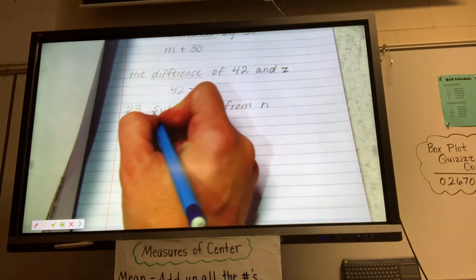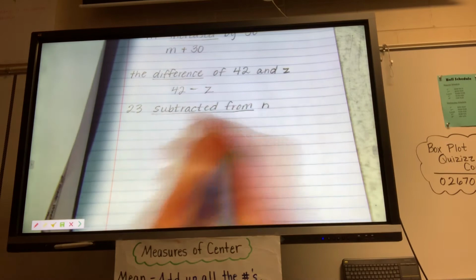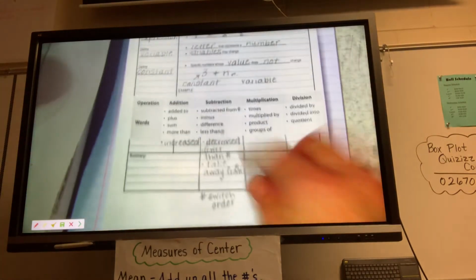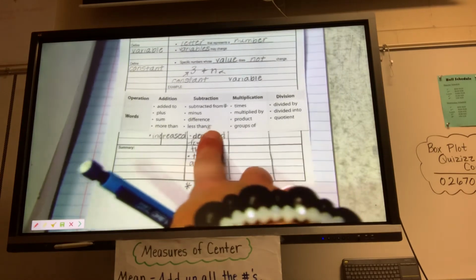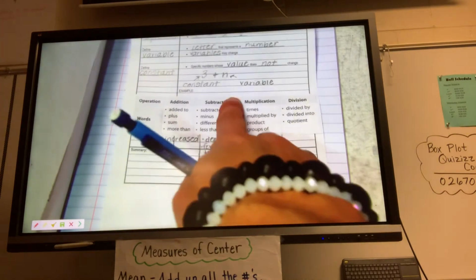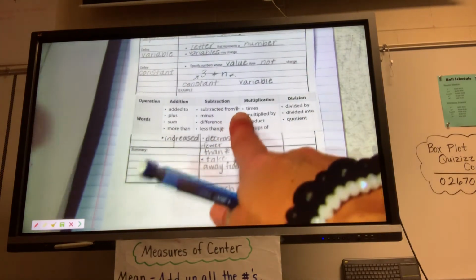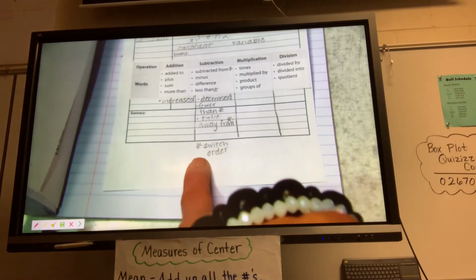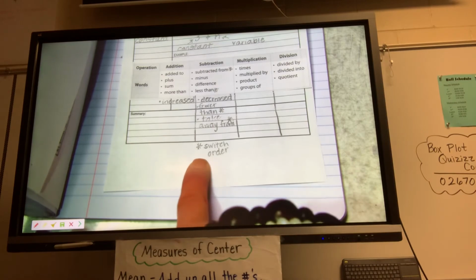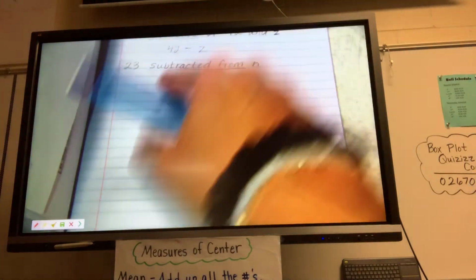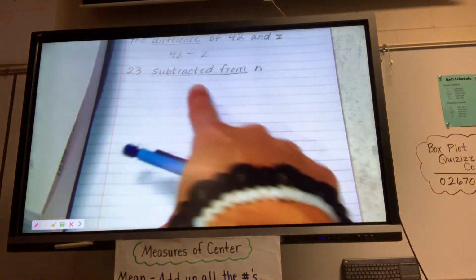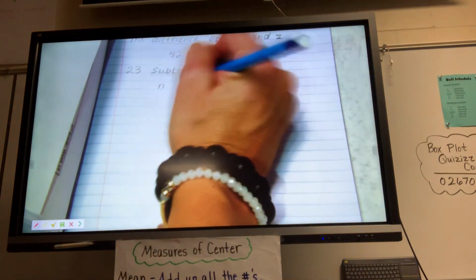Subtracted from. What do you notice? Everybody, flip it down. What do you notice about what it says about subtracted from? It has a star. That means I have to switch the order. Switch the order of the number and the variable. So for this, what comes first? N. That's right. We're going to write N first.